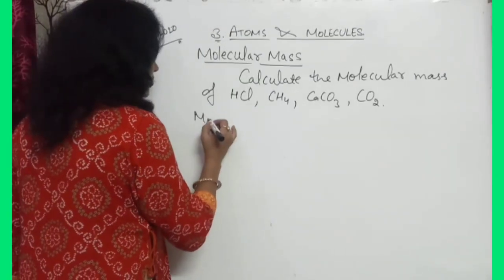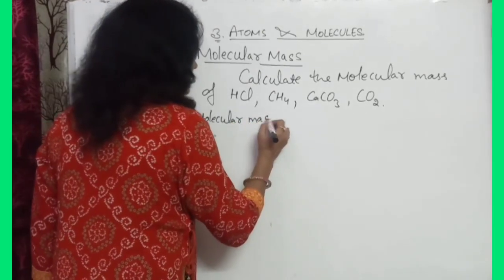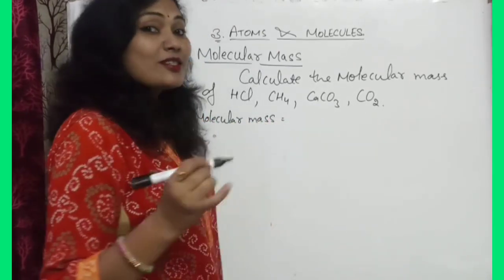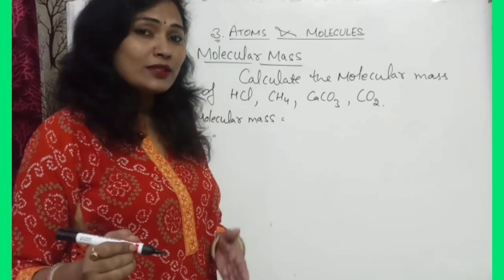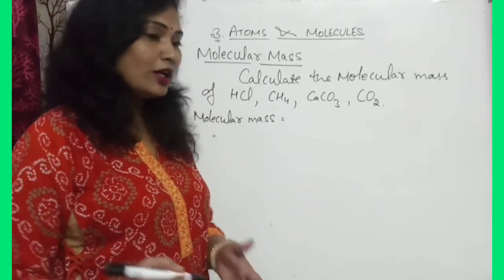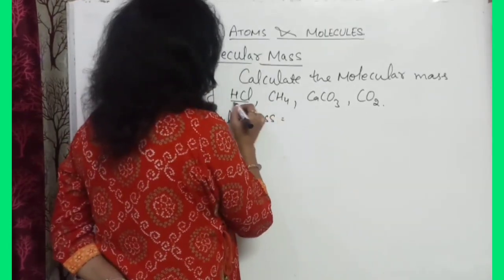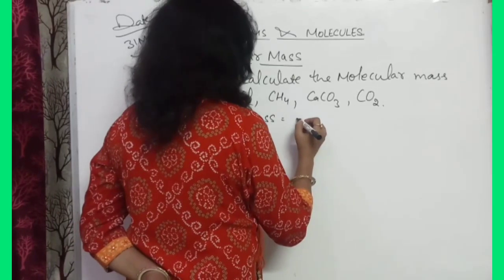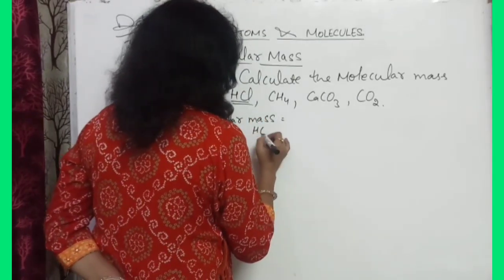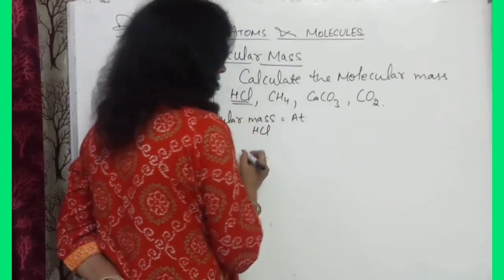I have already told you molecular mass is equal to the sum of all the atomic masses of the atoms which are present in a molecule. So we will just take HCl. How can we calculate the molecular mass of HCl? How many atoms are here?